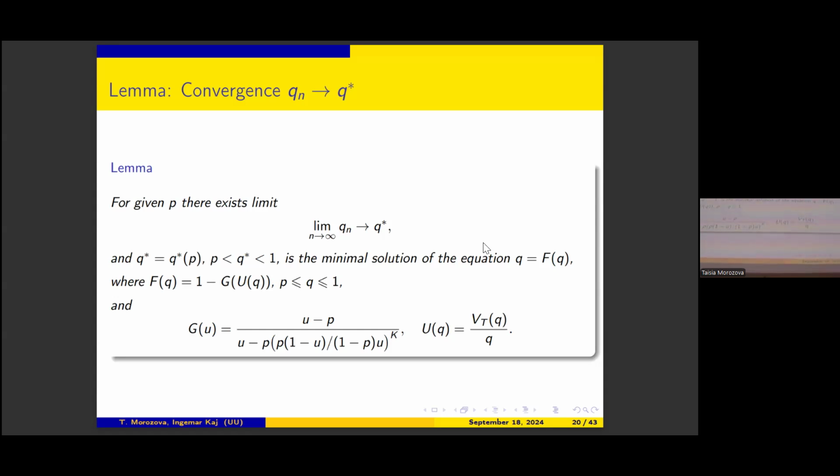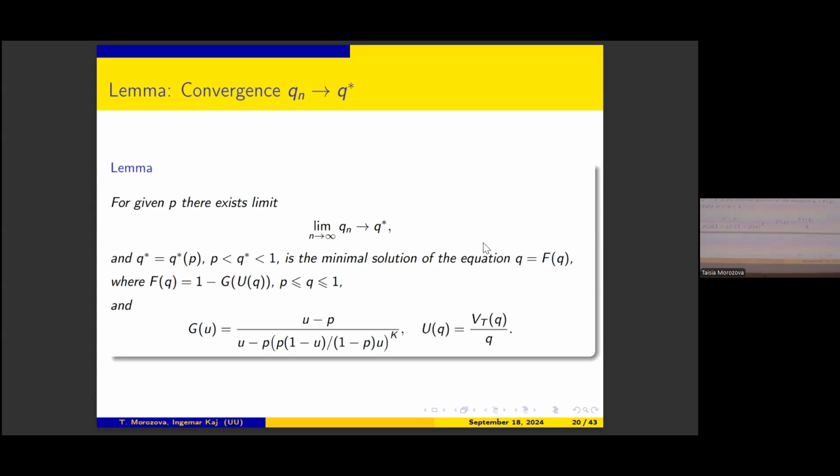So roughly speaking, we have this f of p here, which starts at p. Then here we have q. And if you draw a diagonal line here, the function will start here, and if you look at the derivative, you see that at some point it will cross the line, and then at 1 it reaches its maximum here.